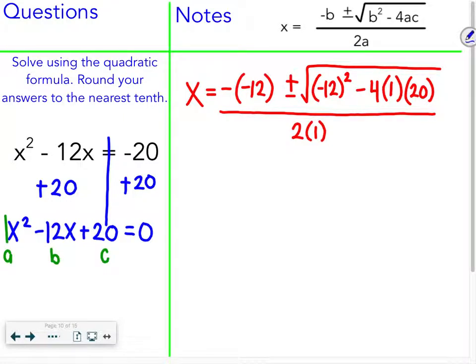Biggest thing when solving these is you just have to go slow and be very careful because it's easy to make small mistakes. So now we're going to start doing some simplifying.